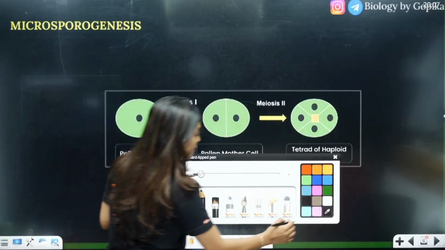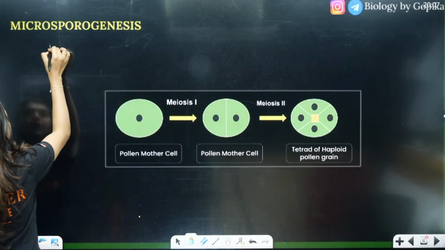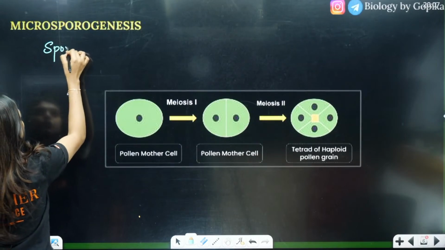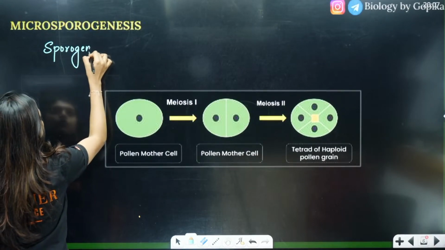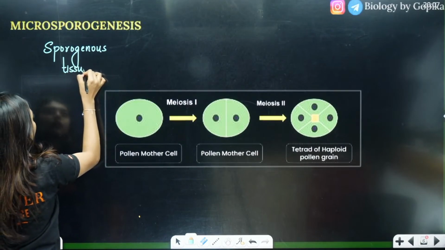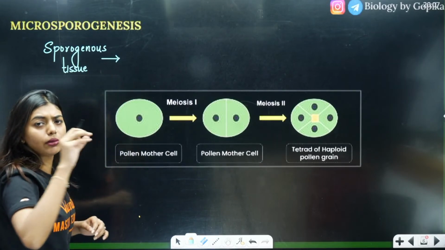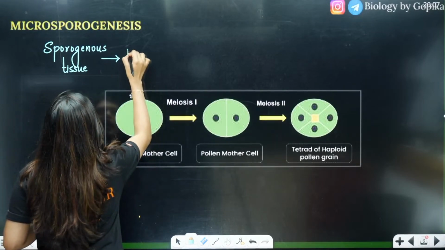So Monica's doubt was, ma'am, what is the order? So the order is going to be like this: sporogenous tissue, or directly you can write MMC and PMC, no problem. What is MMC and PMC?